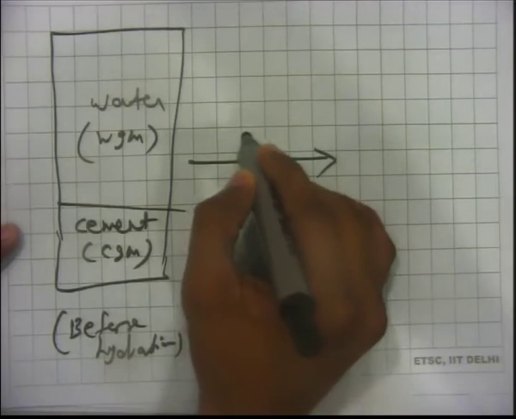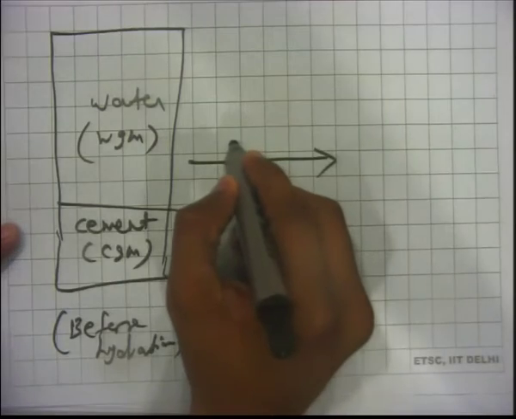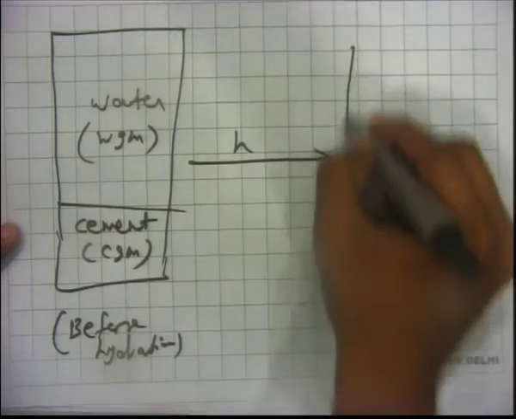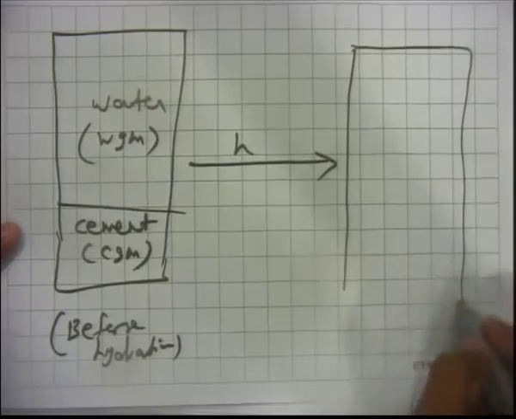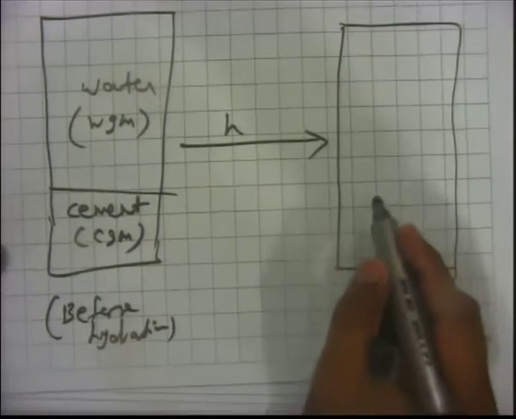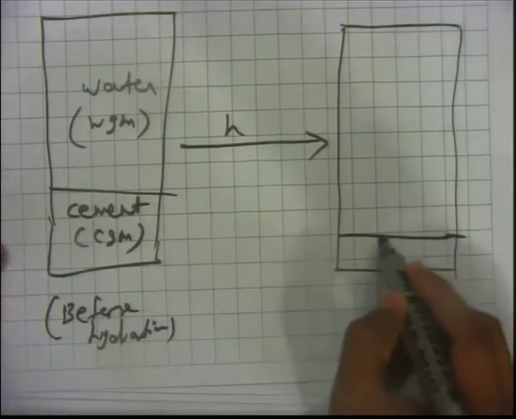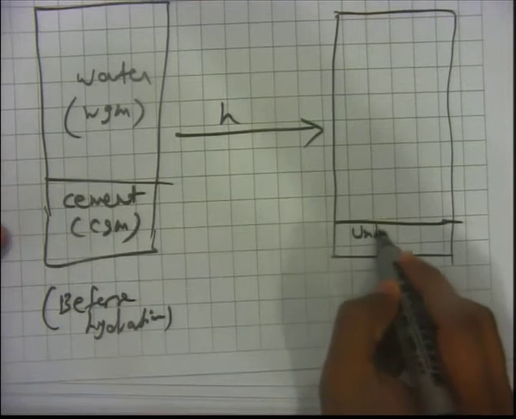Now after hydration, say for some degree of hydration H, the products which are formed are: some cement will remain unhydrated, so that is unhydrated cement.